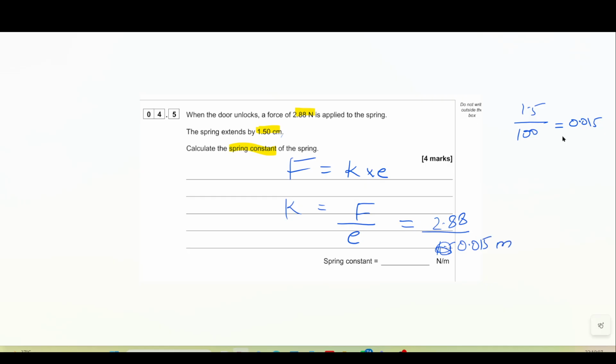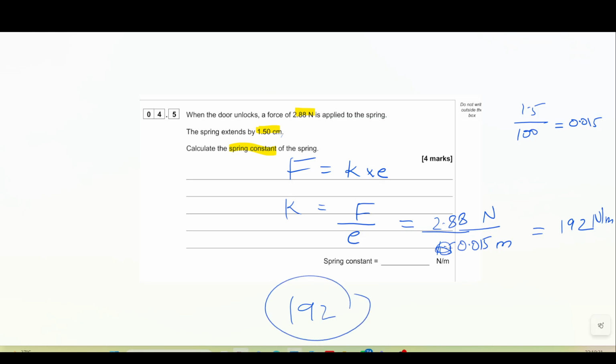So 2.88 divided by 0.015 is 192. Yes, 192, right?